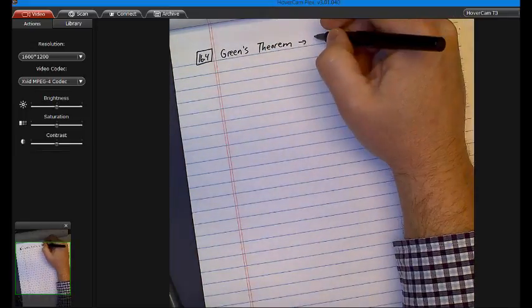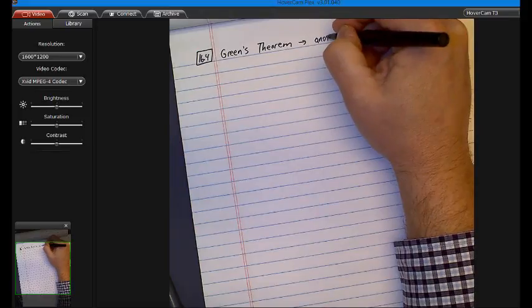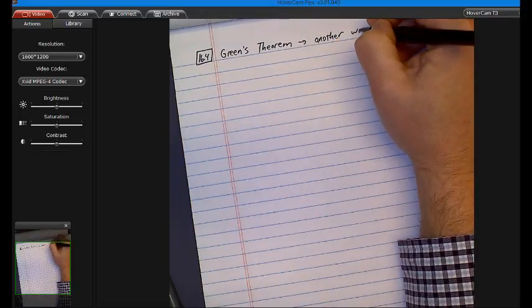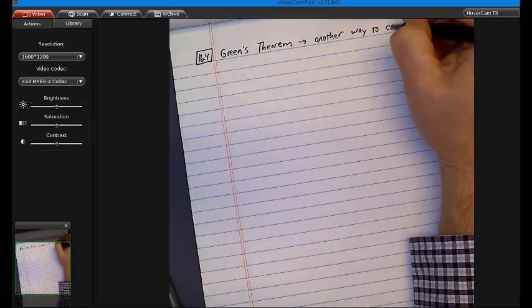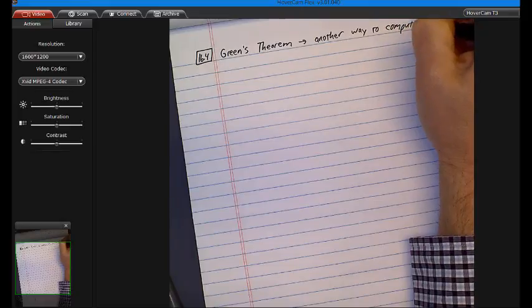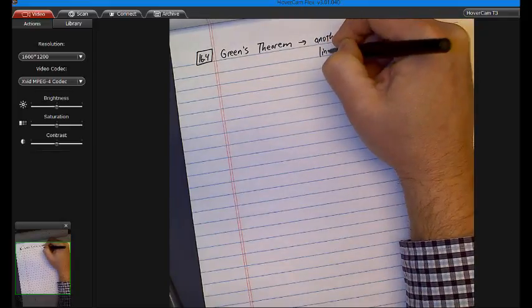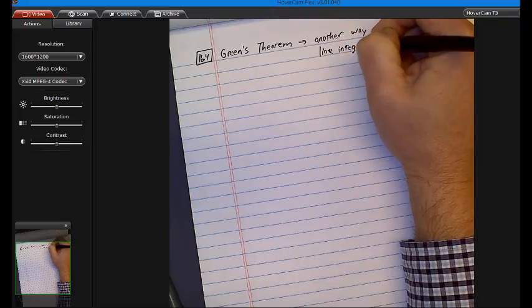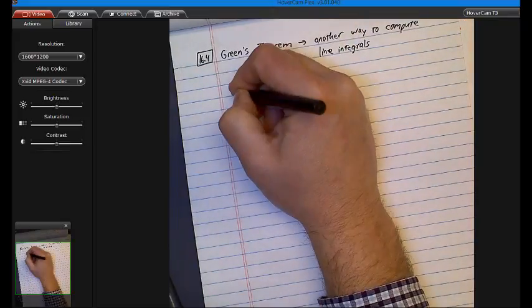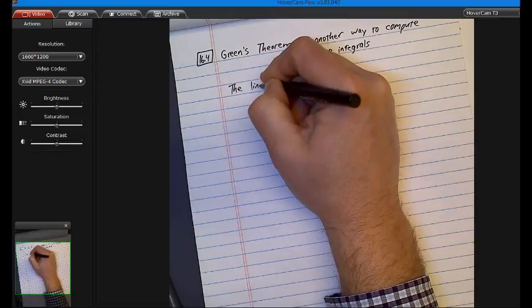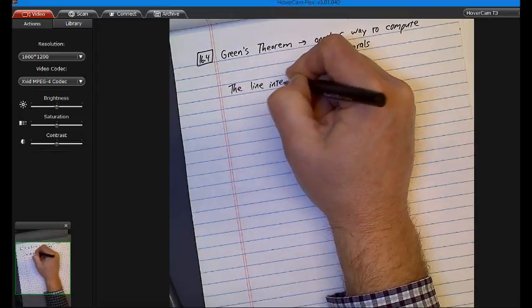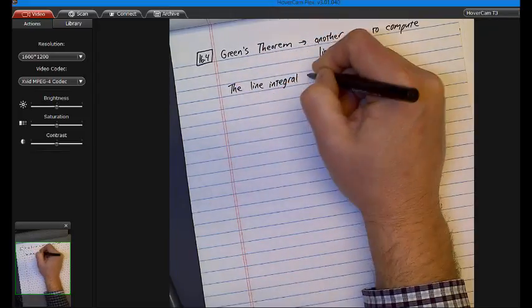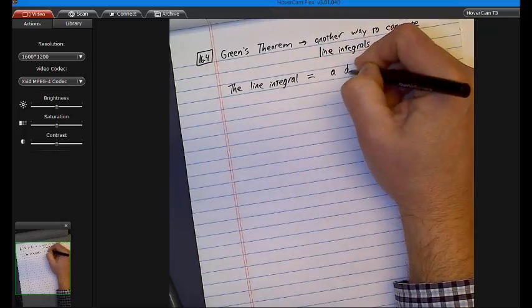This will be another way to compute line integrals. What it's going to say is the line integral equals a double integral.